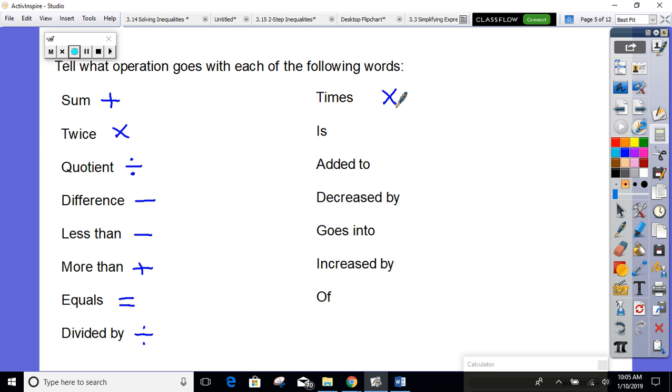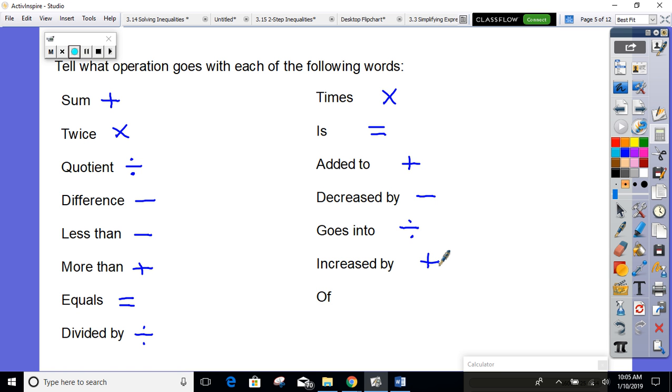Haley, is? Equals. Good. Ooh, here's another hard one. Andre, added to. Addition. Okay, decreased by. Jocelyn. Good. Goes into. Mason. Division. Increased by. Leah Metz.